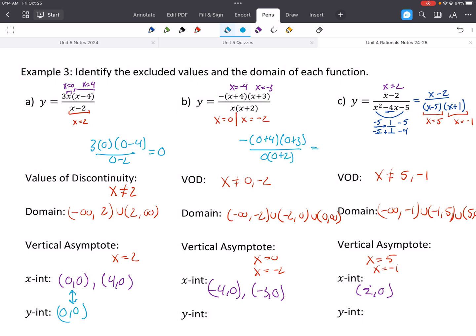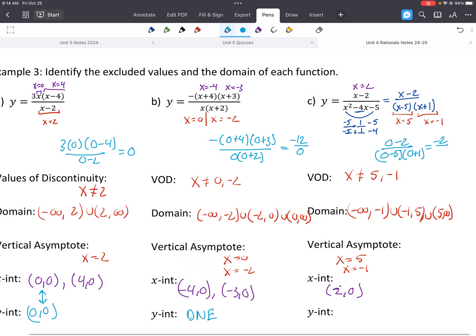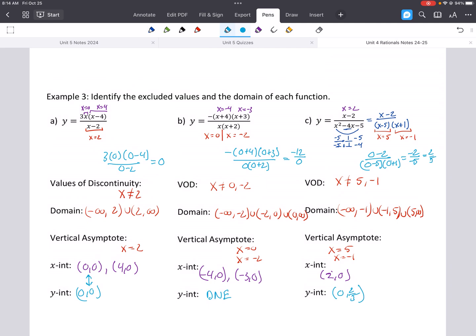So here we would end up getting -12 over 0. So that is DNE, does not exist. And then for our last one, we'd get 0 minus 2 over 0 minus 5 times 0 plus 1. And that should give us -2 over -5, or 2/5. So (0, 2/5).